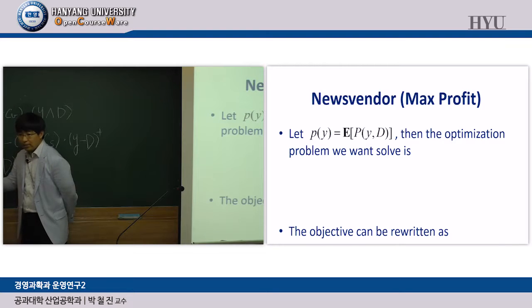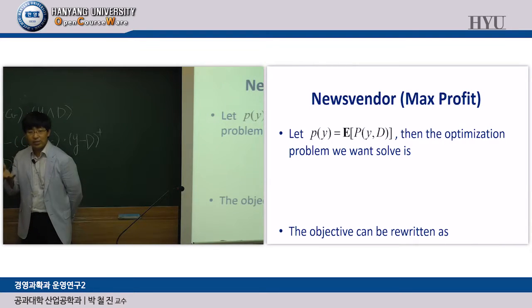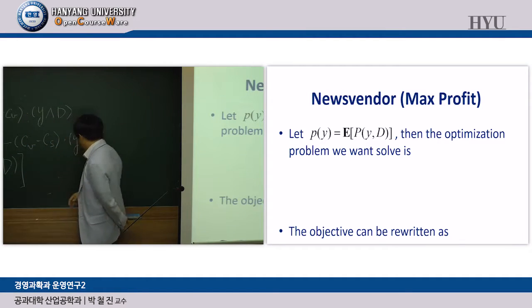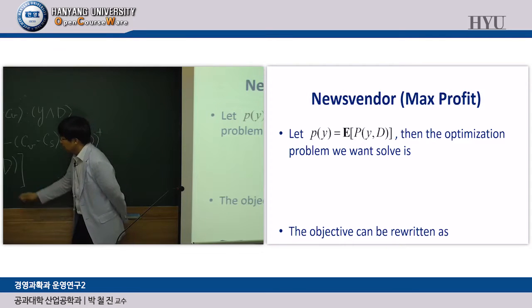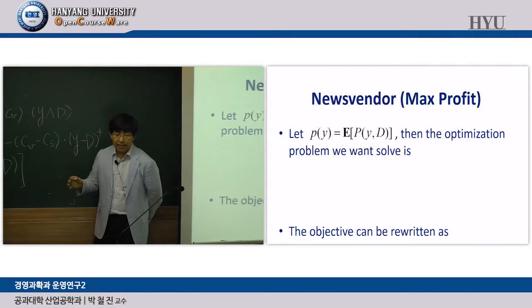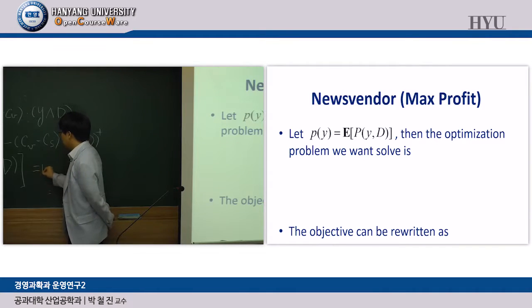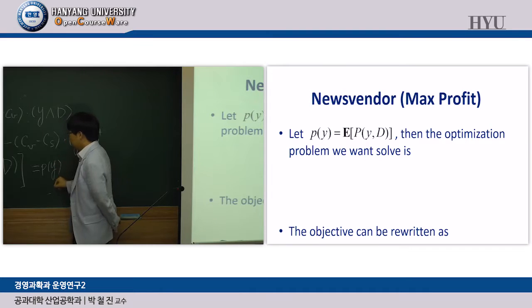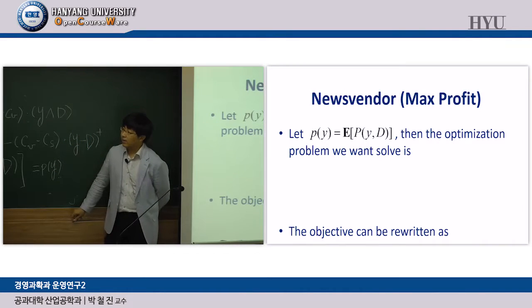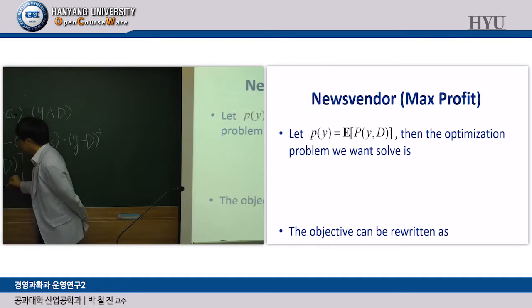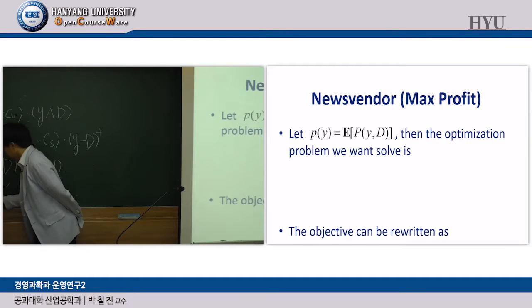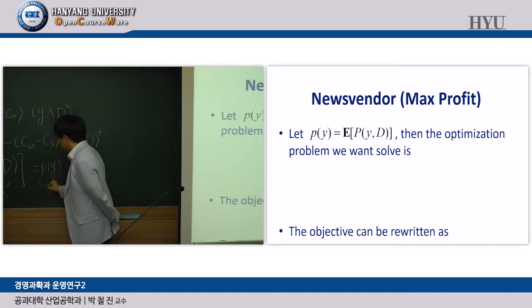Expected value means a kind of representative value regarding this random variable, function P. Actually, this expected value is a constant as long as y is fixed. Okay, so we are going to use small p as a function of y. This one is random, but this one is deterministic.